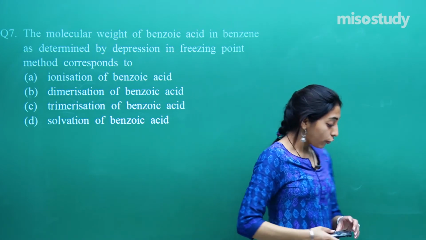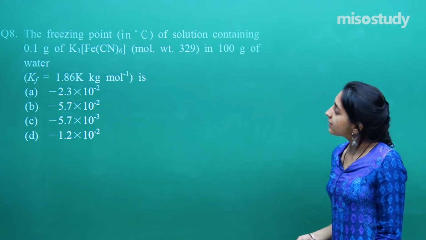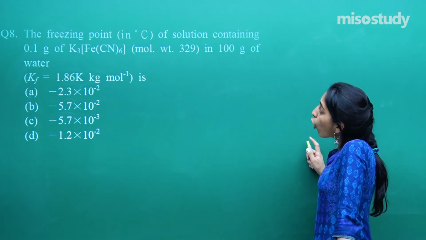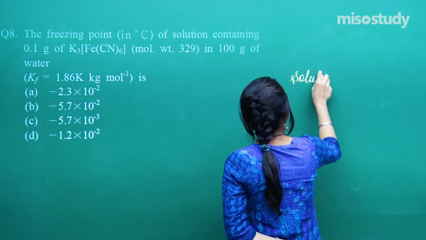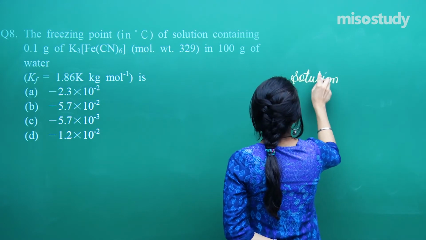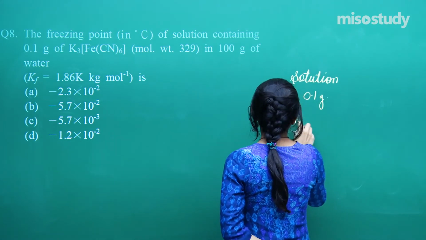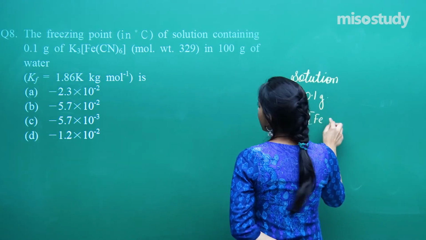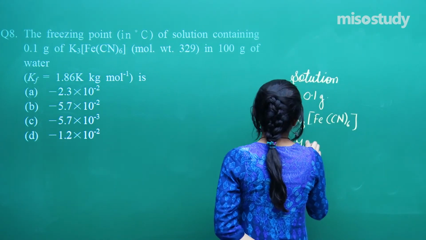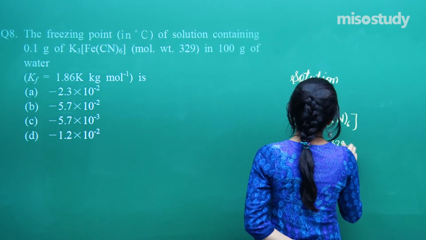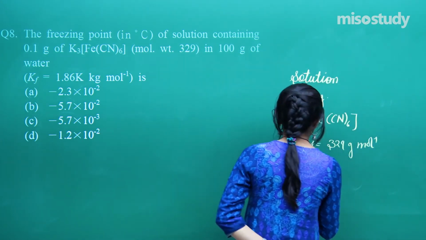So, to show you question number 8, the question says, find the freezing point in degrees C of the solution containing 0.1 grams of K3[Fe(CN)6], the molar mass is given to you as 329 grams per mole, and it is prepared in 100 grams of water.